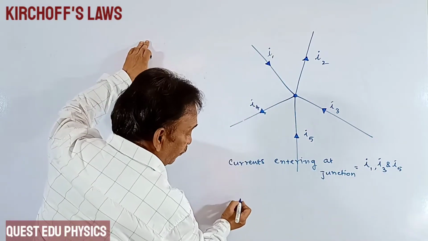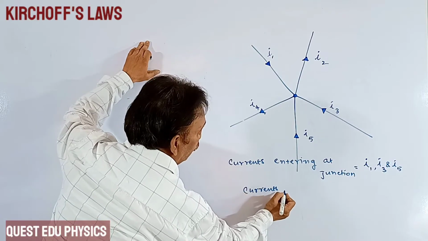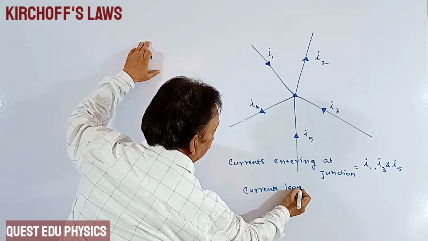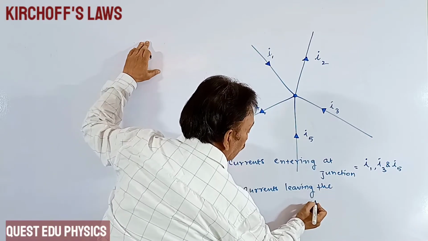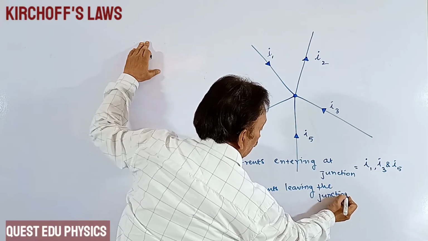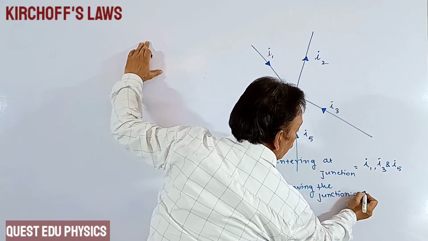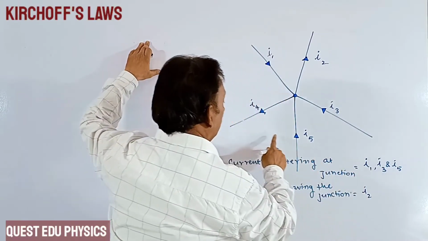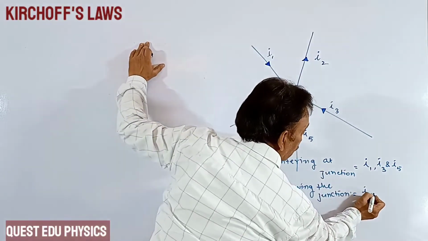In the same way, the currents leaving the junction are obviously I2 and I4.